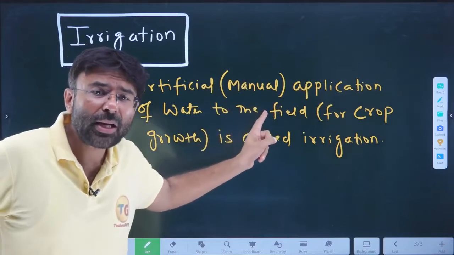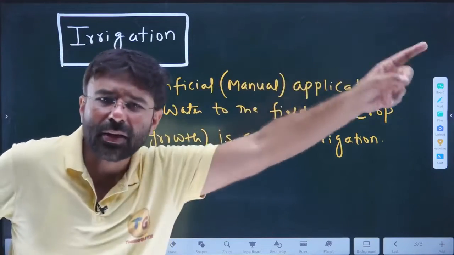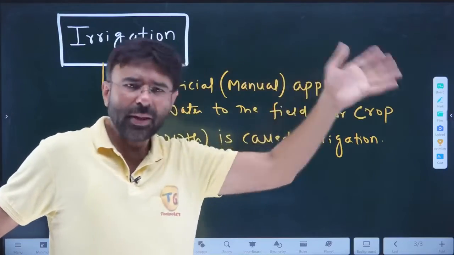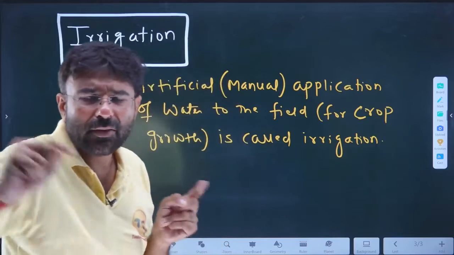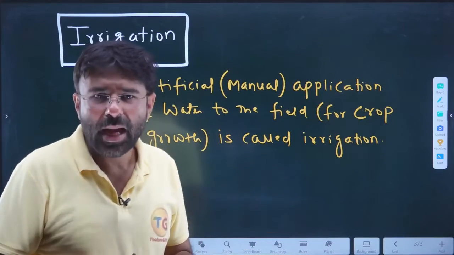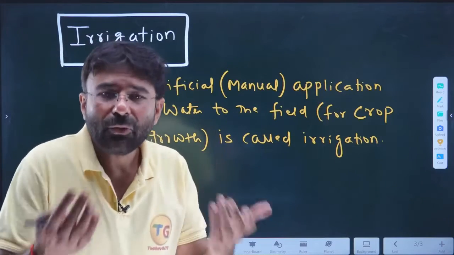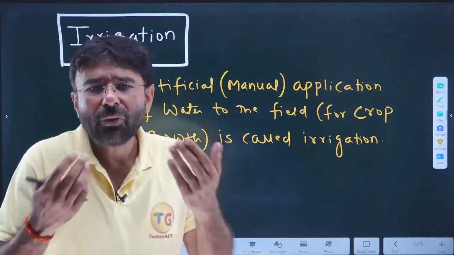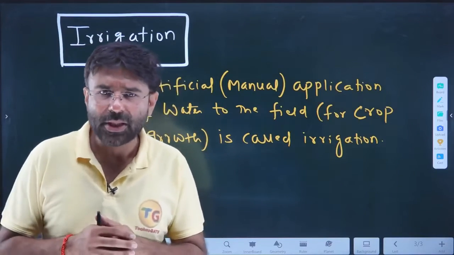From where will this water come? It can be a river, a big lake, something like this. So how to bring the water from the river to the agricultural field? I may have to construct a dam, a weir, a barrage, the canals. All these things we will be studying in this subject.